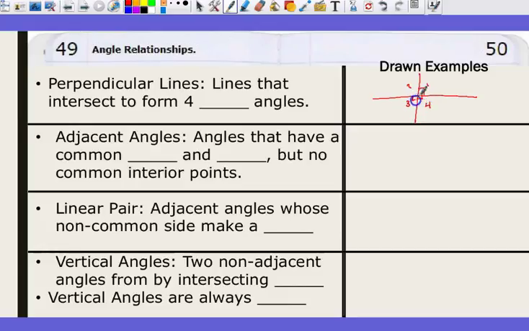They're all right angles. There's a super famous pair of perpendicular lines that everyone knows. What is it? Perfect. X and Y axis. Great job, Blake. The X and Y axis are perpendicular to each other.